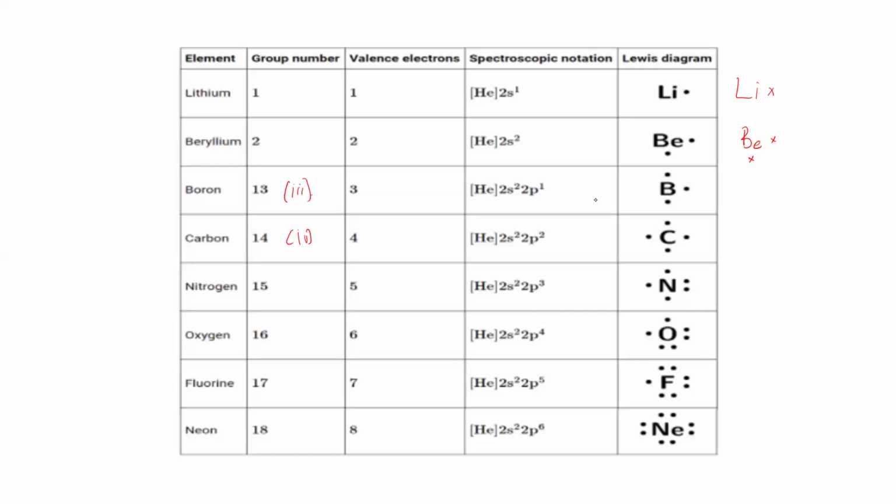So when a metal donates an electron or electrons, it becomes stable, and when it becomes stable, it obeys the octet rule. When a non-metal accepts the electron or electrons, it becomes stable, and when it becomes stable, we say it has obeyed the octet rule.